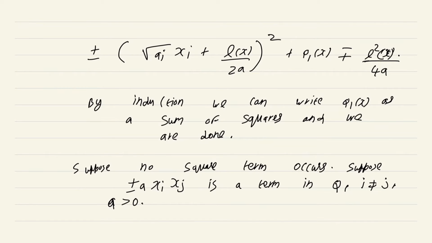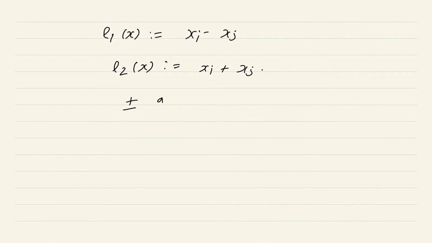Now we are going to define some linear functionals. We are going to define L1 of x to be nothing but xi minus xj, and L2 of x is nothing but xi plus xj. Now you can write down this quadratic form as plus minus a by 4 into L2 squared x minus L1 squared x plus other terms.